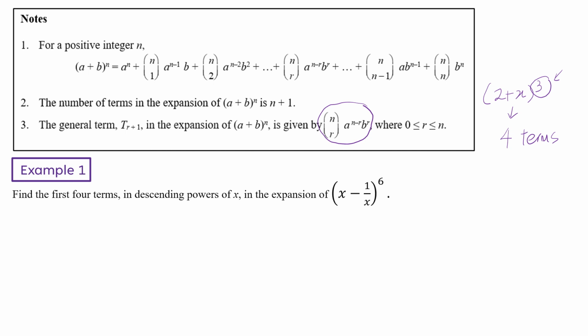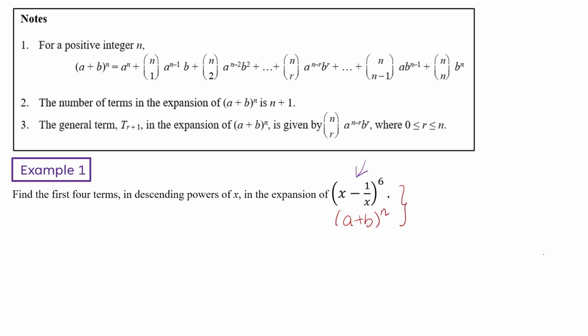All right, let's look at example 1. We are asked to find the first 4 terms in descending powers of x for this expansion. Let's compare this expansion with the theorem.